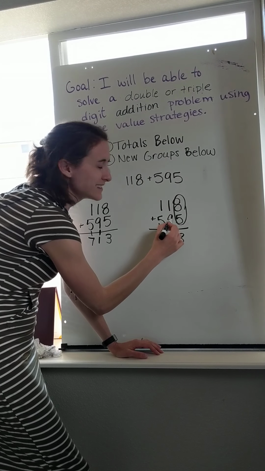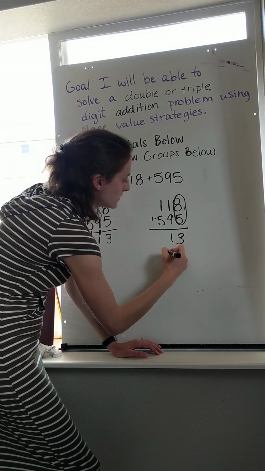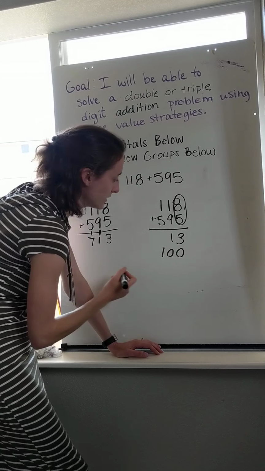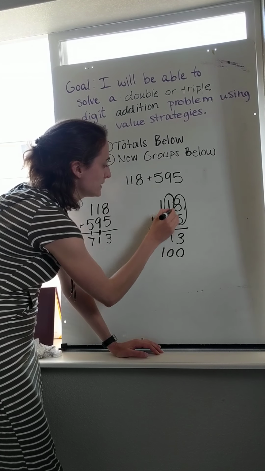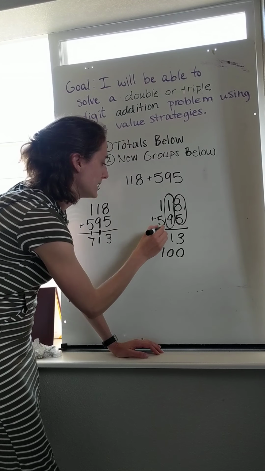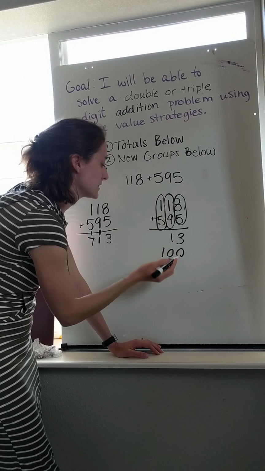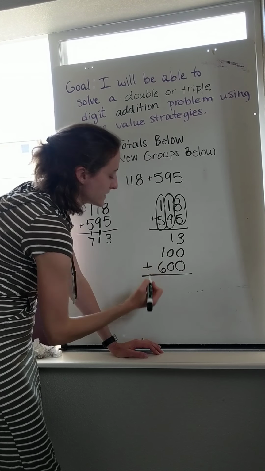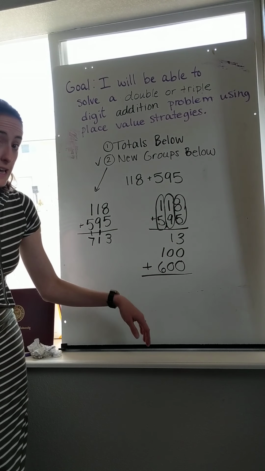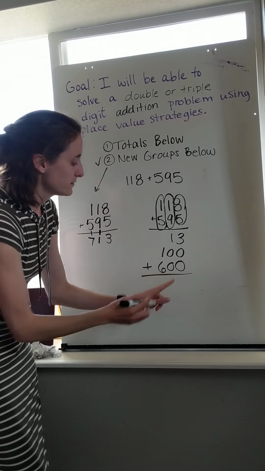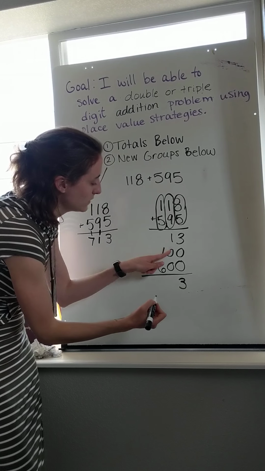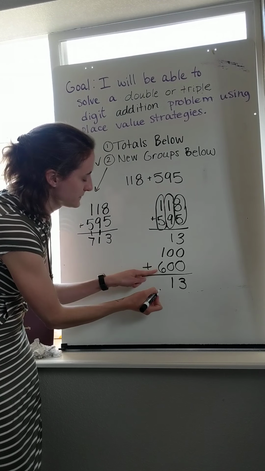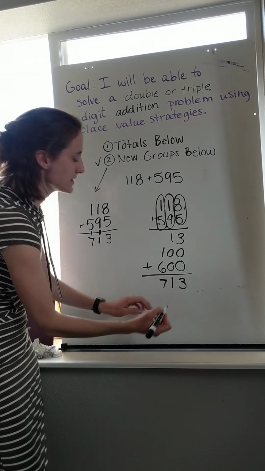Well, that's like 90 plus 10, which makes 10 tens or 100. So I just put 90 and 10 together, and that made 100. Now I put 500 plus 100 together, and that makes 600. With my totals below, I can now easily add. So 3 ones, 1 ten, 6 plus 1 is 700.